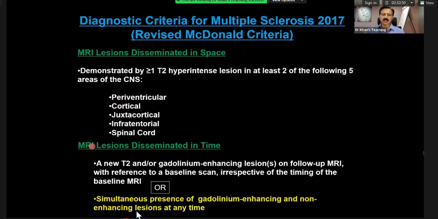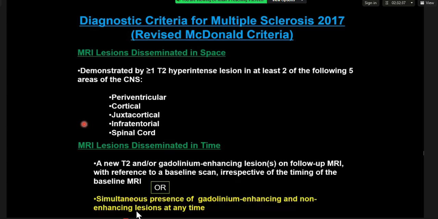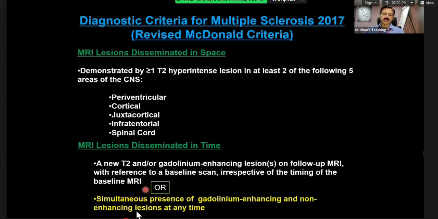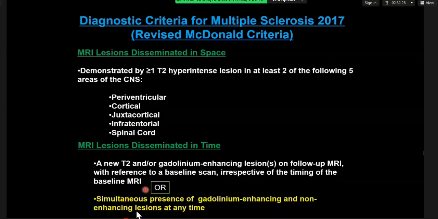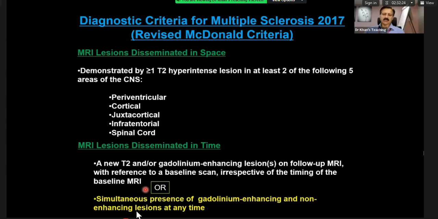But this concept is an exam concept, dissemination in time. Please remember, multiphasic. Can we, on the first presentation, confirm using MR that it is a multiphasic illness? Yes is the answer. What you can do is give contrast to the patient. If some of the lesions enhance and others do not enhance, what does it tell us? It tells us that the lesions which are enhancing are of different age, they are active.